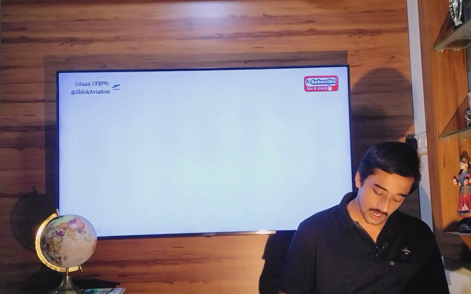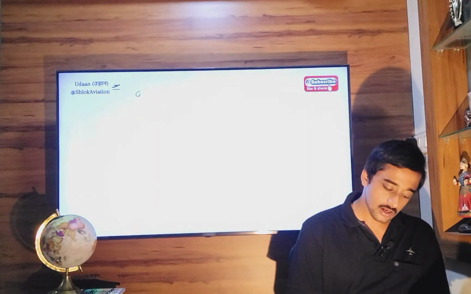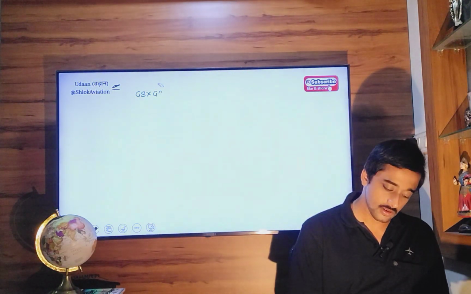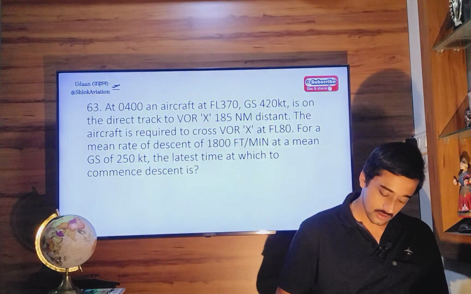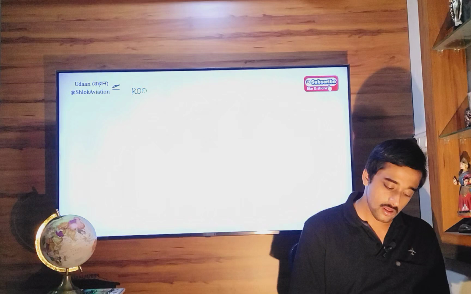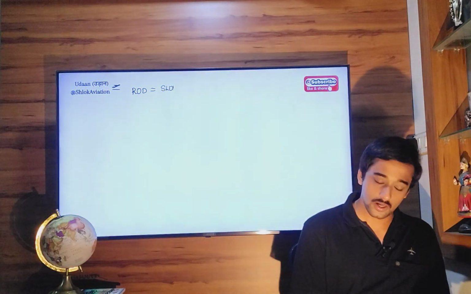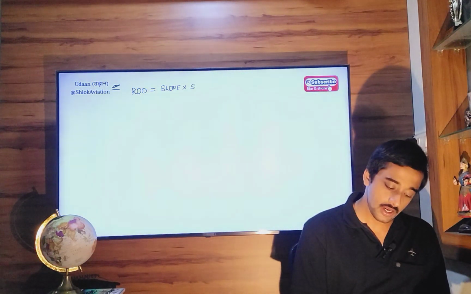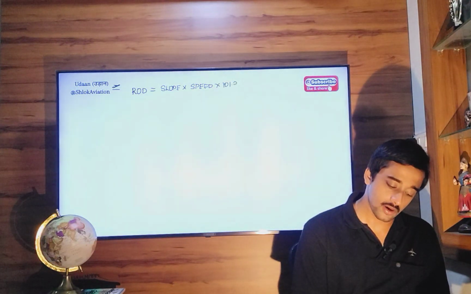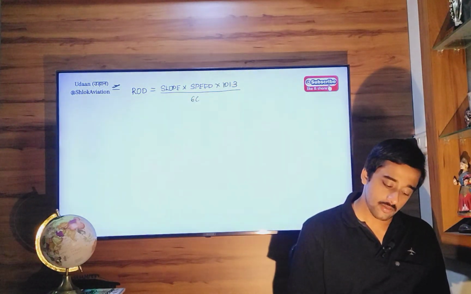So use this in the ground speed formula. Ground speed into rate of descent equals glide slope into speed into 101.3 feet per minute divided by 60.